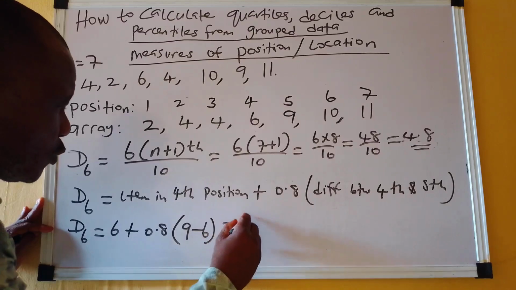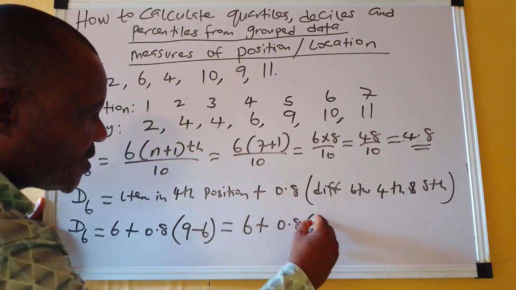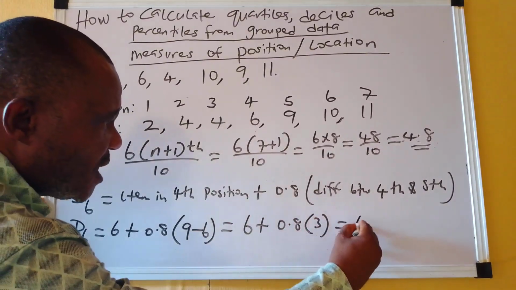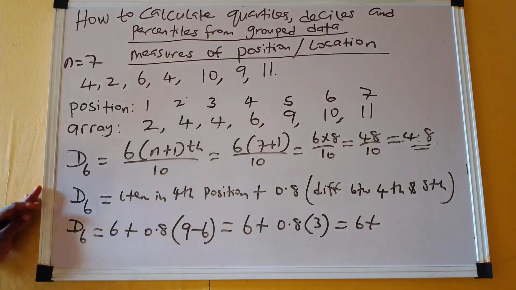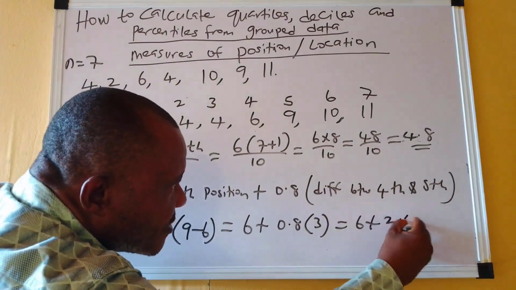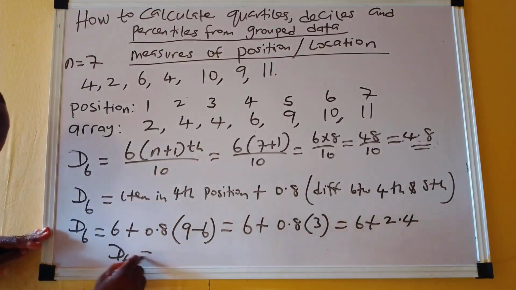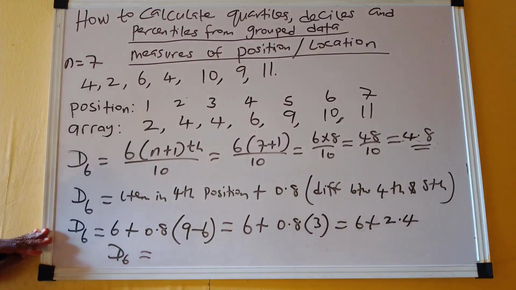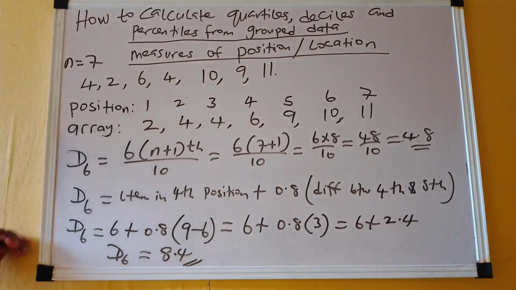So it will be equal to 6 plus 0.8 into 9 minus 6, which is 3, equal to 6 plus 0.8 times 3, which is 2.4. So 6 plus 2.4, my D6 is equal to 8.4. That is my 6th decile.